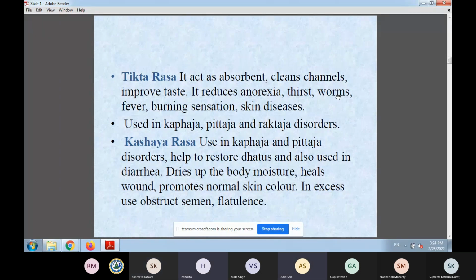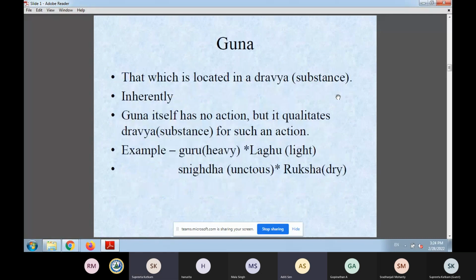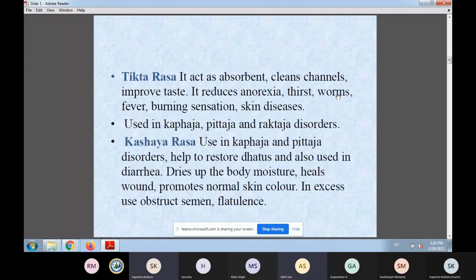Ma'am, amla is for Vata. Yes, amla controls Vata. But taking amla, sometimes I get acidity, no? Acidity is Pitta.